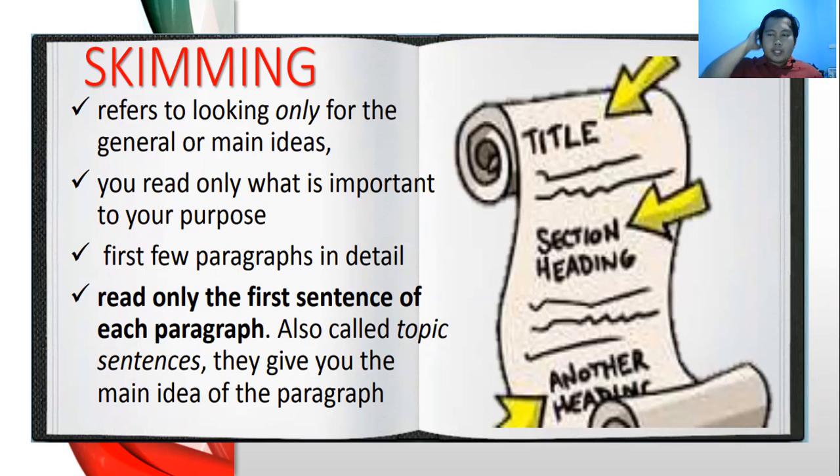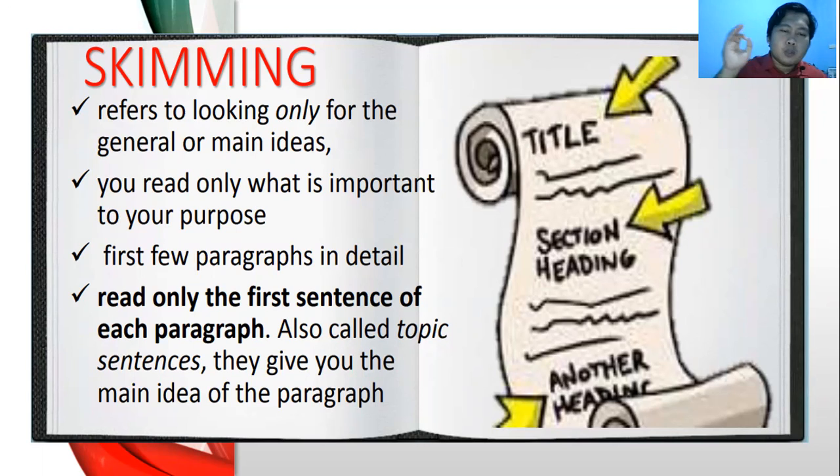Okay, so you are just browsing, looking for important topics. You only read what is important to your purpose. For example, most likely this is what you do when you are reviewing. I let you copy some text and then you just browse the first paragraph.